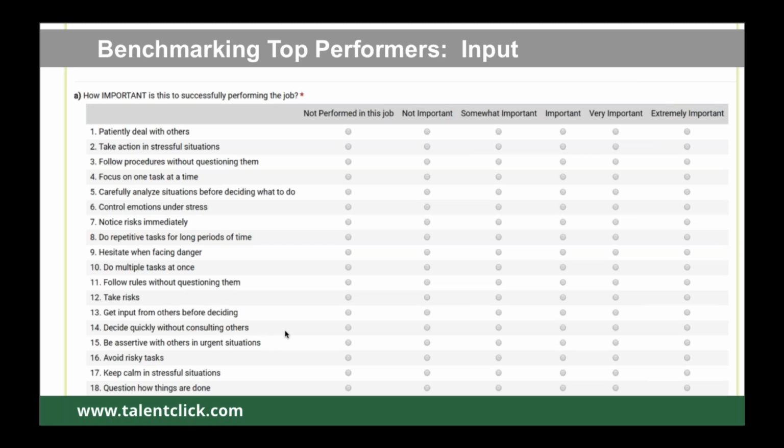Then all of this can be put through the meat grinder, and we spit out some data on what the aggregate results are for what everyone is saying is most important for this role. I'm not going to read each of these, but I think you get the point, that this is one really good tool to help create those benchmarks of what a top performer might be.